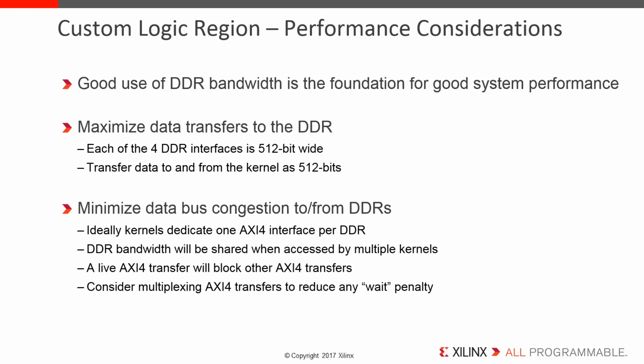Try to share this interface in a manner which does not limit the computation rate, because a transfer from one bus will block the others. If your kernel or kernels have more than 4 data transfer interfaces, consider how they can be mapped into 4 512-bit DDR banks and still have continuous processing. Making maximum use of the DDR interfaces will result in a high-performance system.